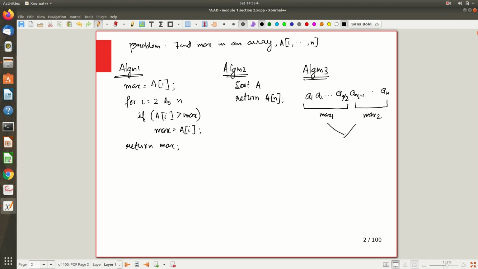Now what will be your final maximum? The final maximum will be the maximum of this max 1 and max 2, right? You can do that by simply doing one more check. So that's about it, right? This is something I told you already, and anyway we will see all those things further. So I did something like a divide and conquer approach, right?